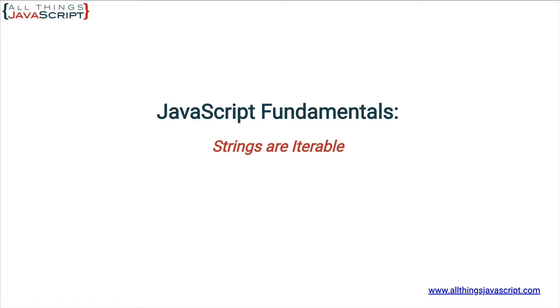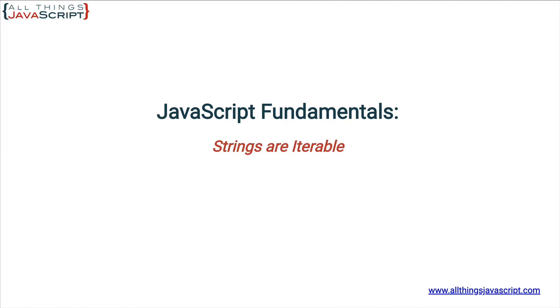Now, an iterable is an object that allows you to loop over its values. So if we think about this in relation to strings, that a string is an iterable, the first question that comes up is, well, a string is not an object. So how could it possibly be an iterable? Well, strings have what we call an object wrapper.